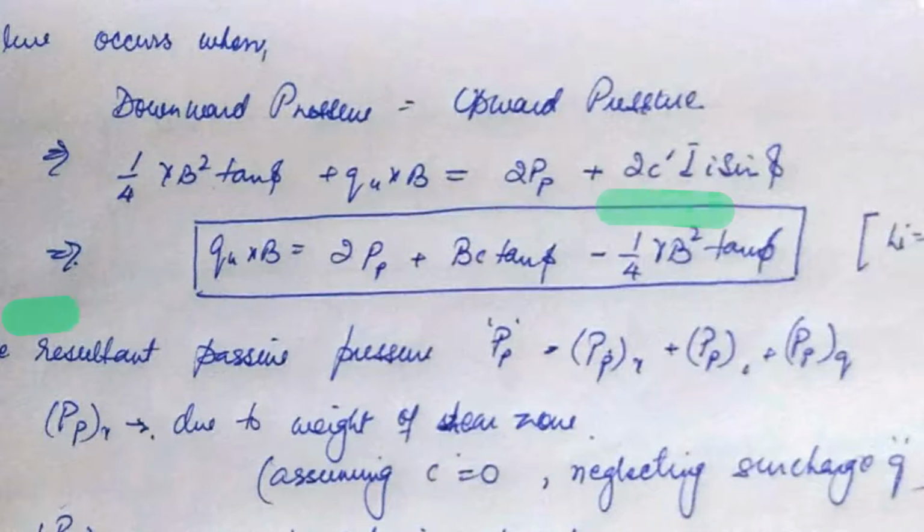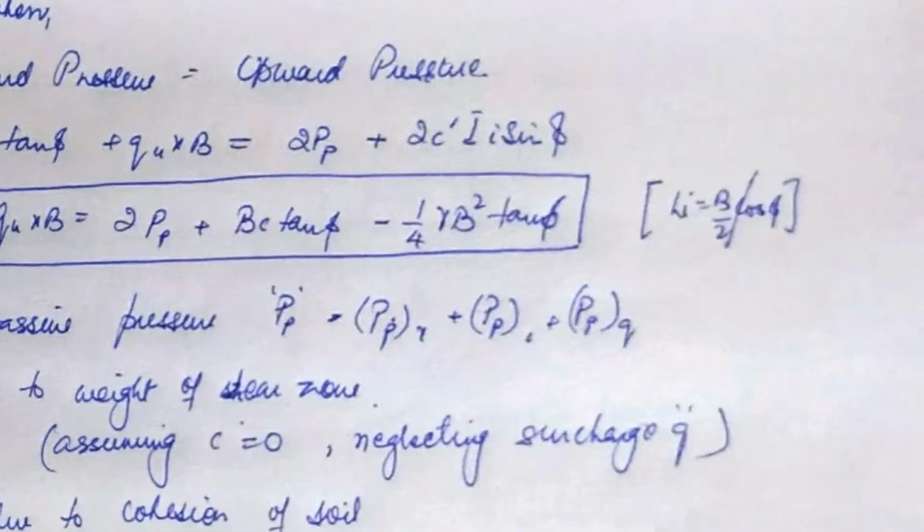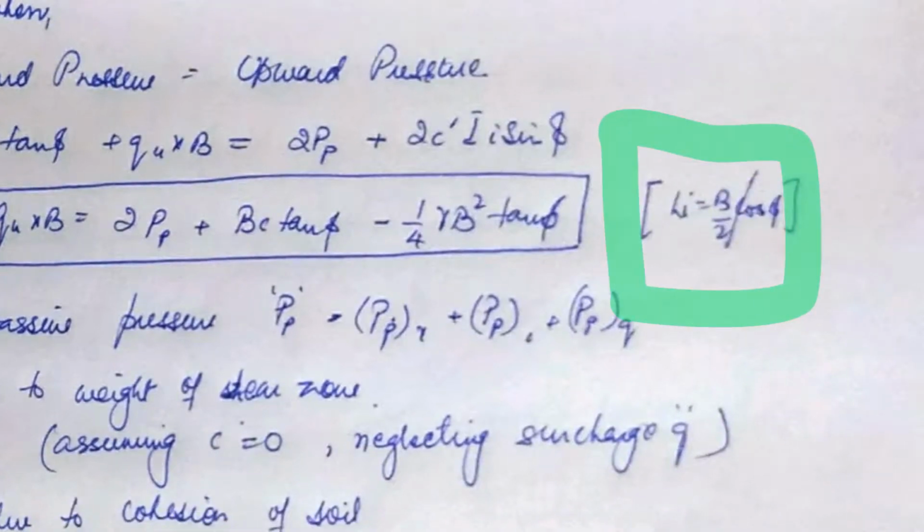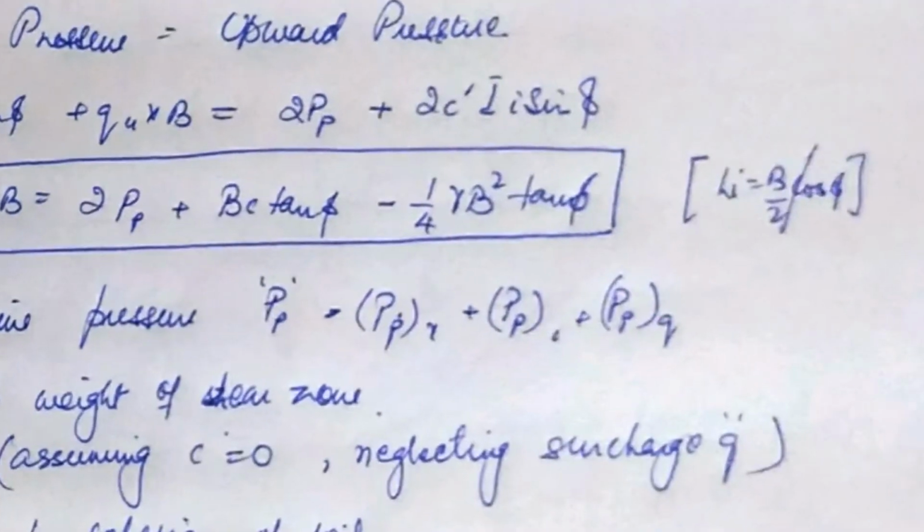This can be further reduced to qu cross B equal to 2 Pp plus B c tan phi. I have reduced this as B c tan phi, taking Li equal to B by 2 upon cos phi.